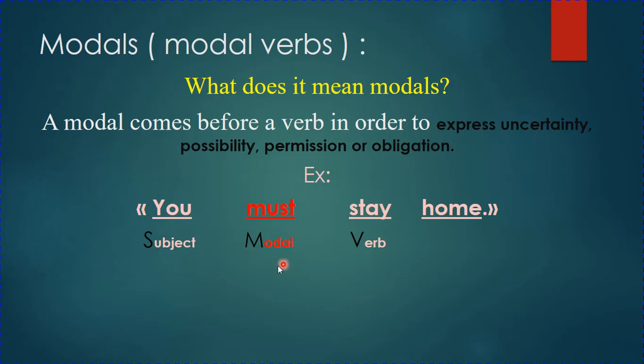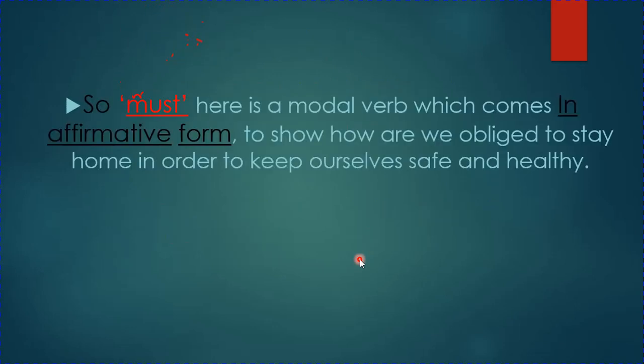So the order of the sentence is like this. We always start with the subject, then second we have the modal, then we have the verb. Must here is a modal verb which comes in affirmative form to show how we are obliged to stay home in order to keep ourselves safe and healthy.